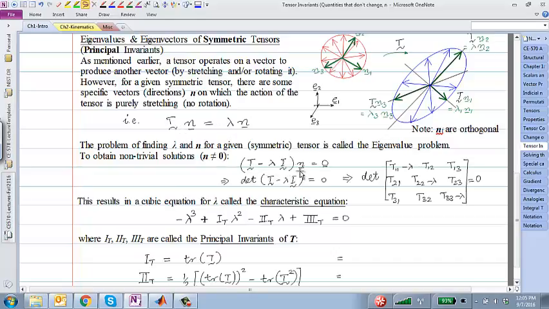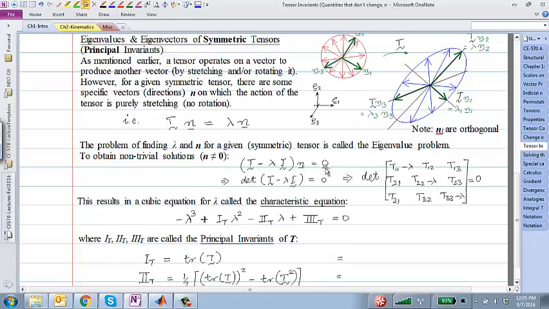This is a new tensor acting on n, and it is the zero vector. So just notationally, can I omit I here? Can I just simply write it as T minus lambda? No, because T is a tensor. I better be adding or subtracting tensors with itself, not a scalar. And on the right hand side, I have an underline under zero. It's a zero vector. It's not a zero scalar.